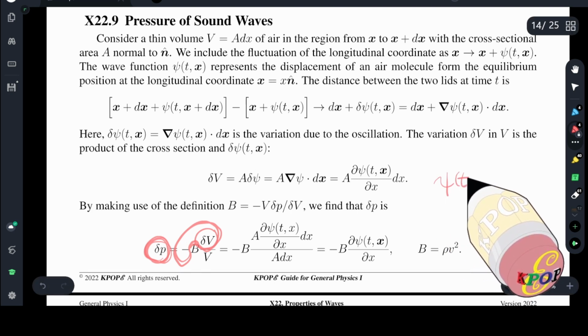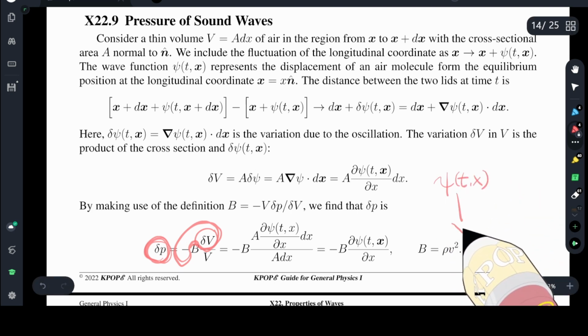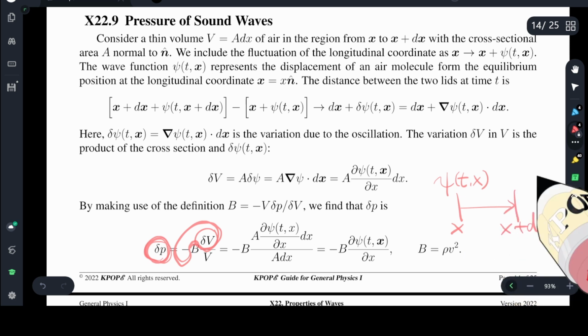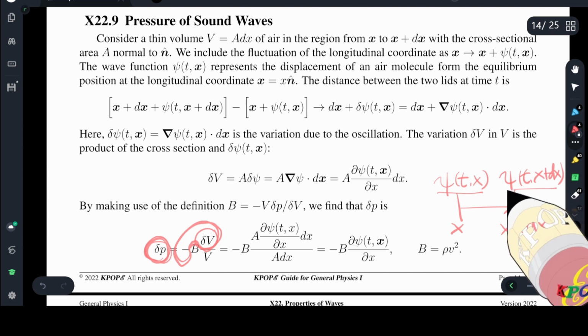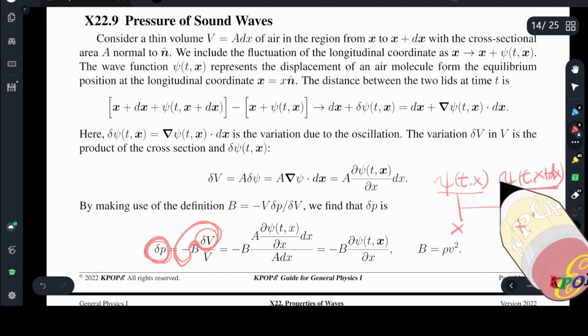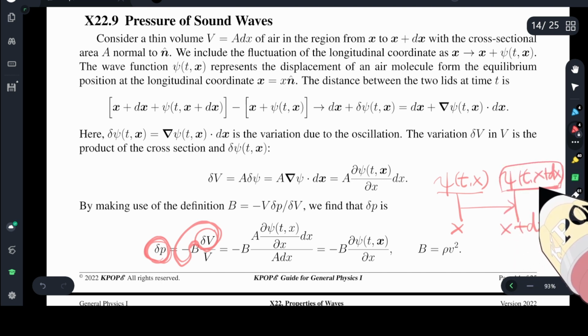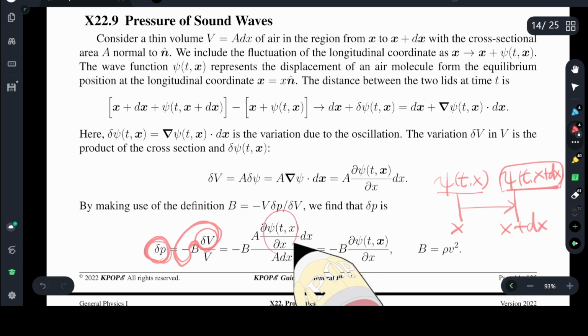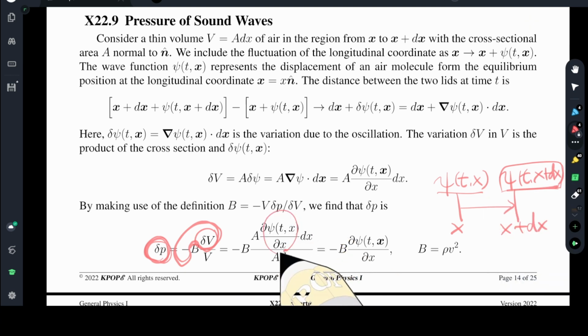There used to be psi of t, x at the x point, and we have a translation by dx, and there used to be some value. The wave function has its own value, but due to the pressure, this amount changes a little bit. That change is related to the spatial derivative.